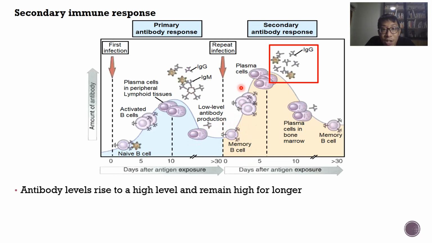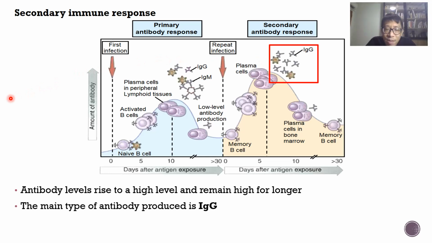They would persist, so there will be multiple of these memory B cells. When they undergo clonal expansion to form plasma cells, there will be more plasma cells formed than from the clonal expansion of just one naive B cell in the primary immune response. So there are more plasma cells formed in the secondary immune response, therefore giving a larger amount of antibodies, and the antibodies would be mostly IgG or IgA and IgE because class switching would have already occurred in the primary immune response.